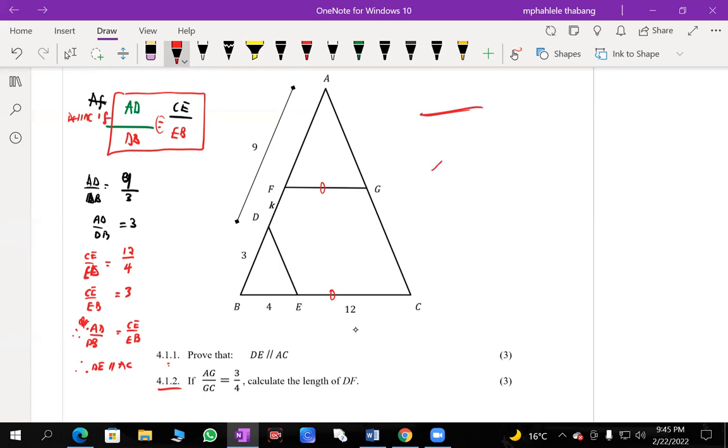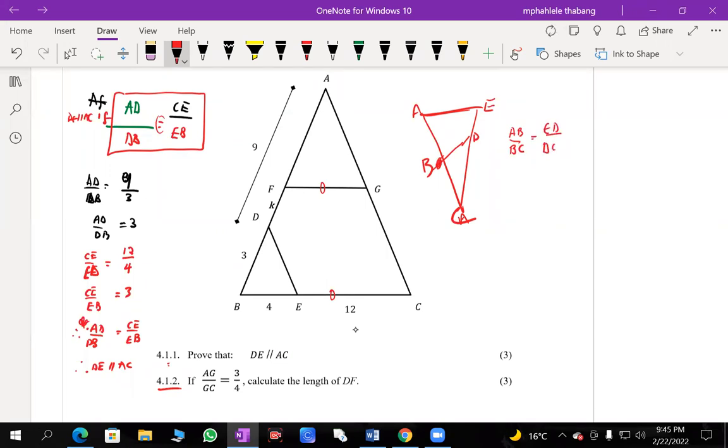For example, this is still a triangle. Let me say A, B, C, D, E. Do you know, Mapiti, in this case you can never say AB over BC equals ED over DC.